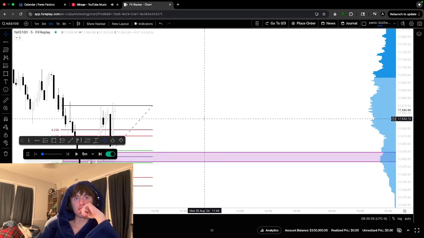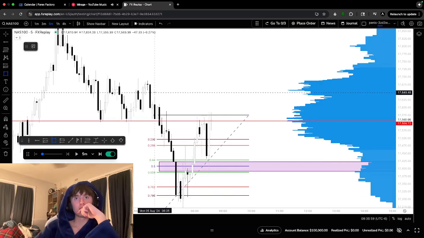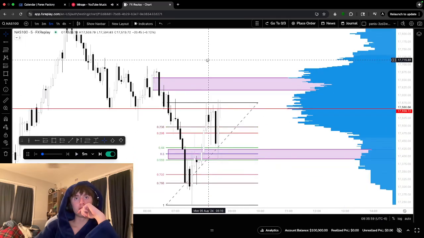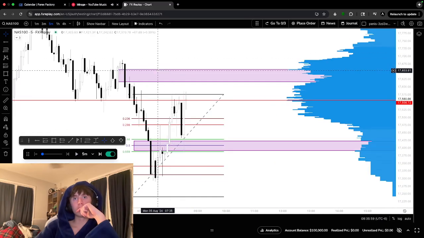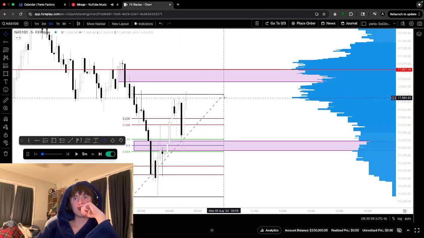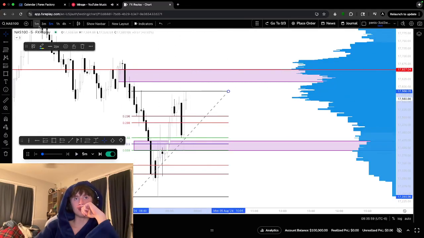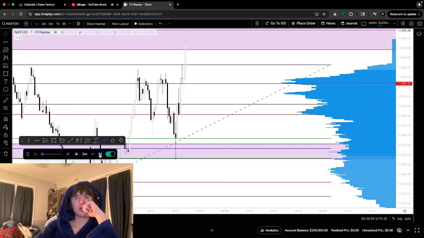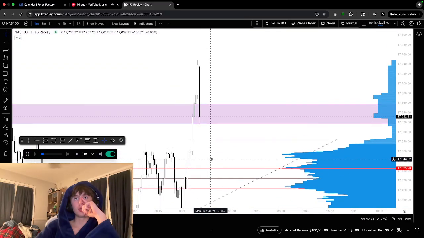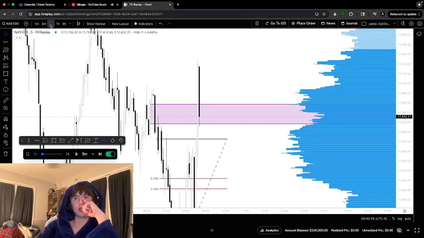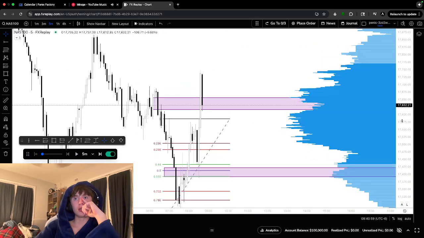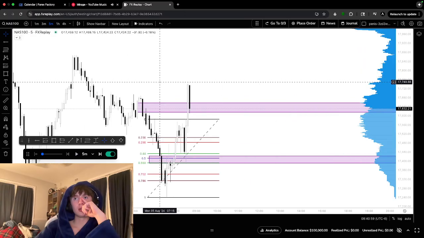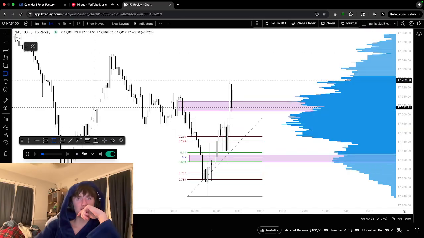Let's see if there's any 5-minute gaps. There was one right there. Let's try to get a retracement on this, and we can try to enter to go long towards this 5-minute gap. Oh, looks like we did not tap this.